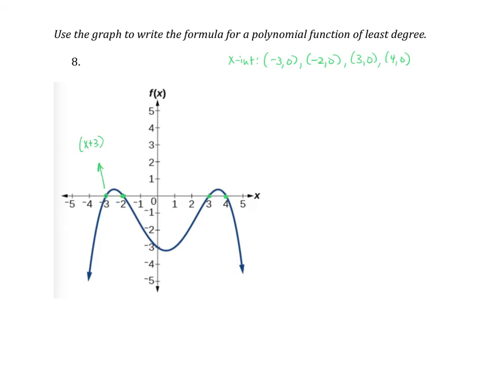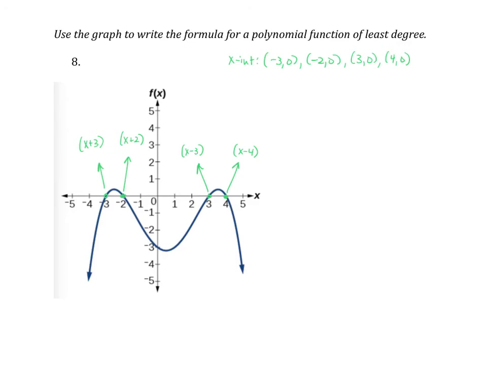The factor and the zero always have opposite signs. So the factor associated with a zero of negative 2 is x plus 2. The factor associated with a positive 3 is x minus 3. And the factor associated with a positive 4 is x minus 4. So those are the factors I'm going to be dealing with in my polynomial. Okay?